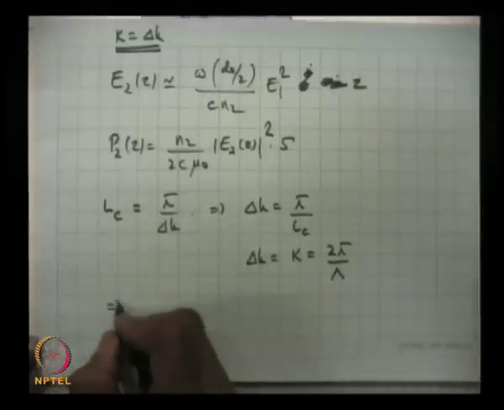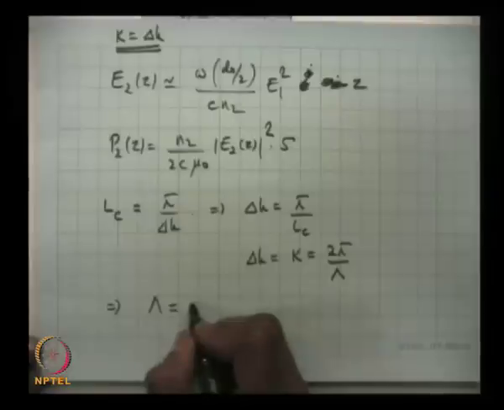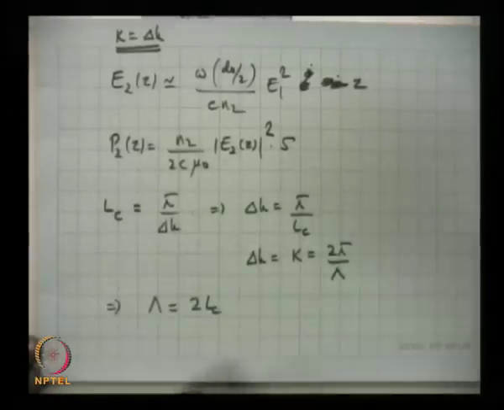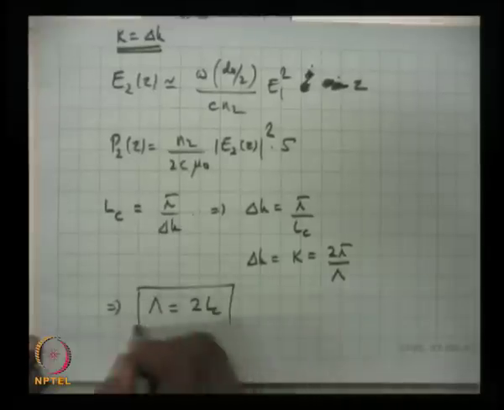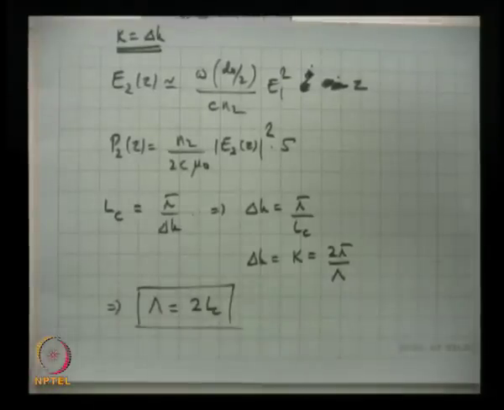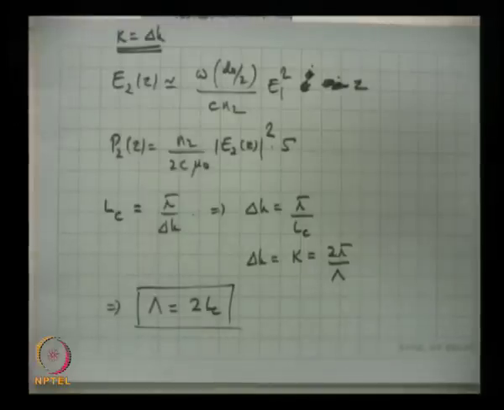So, this implies the periodicity required is, so if I periodically vary the nonlinear coefficient with a period which is twice the coherence length, I seem to be adding up the second harmonic power rather than periodically oscillating.